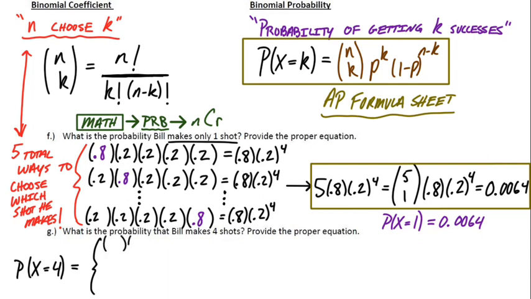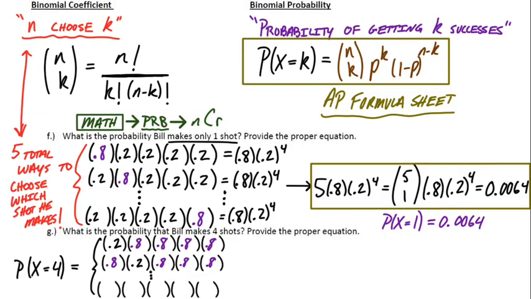So maybe the first scenario is, out of the 5 shots, he misses the first one, and then the last 4 are successes. Or out of the 5 shots, maybe he misses the second one, but he makes all the other ones. And we could continue this pattern all the way down to he makes all of them except the last one.